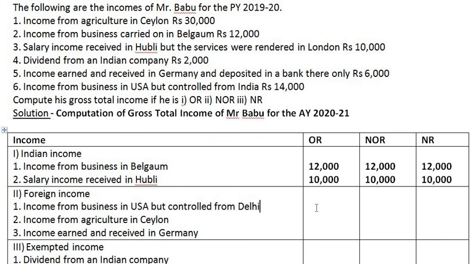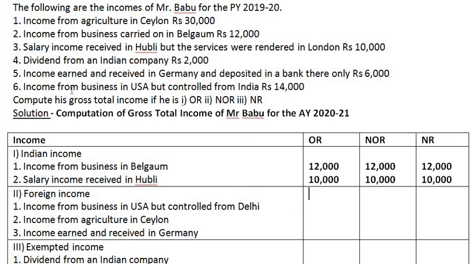In foreign income also, first those incomes which can be taxed to ordinary resident as well as not ordinary resident, and then the incomes which are taxable only to ordinary resident, that is in 1 column. So first we are taking the income which can be taxed in 2 columns. And which is the income that can be taxed in 2 columns?